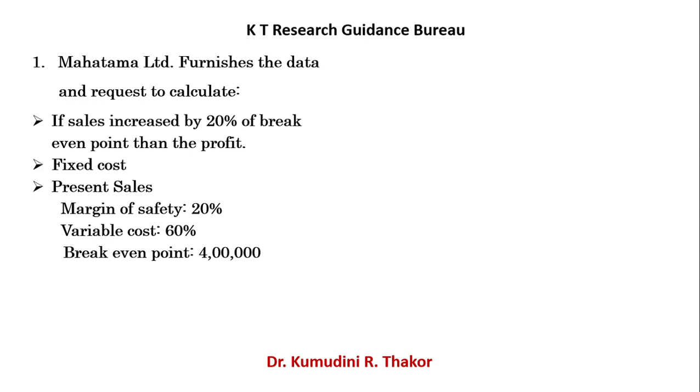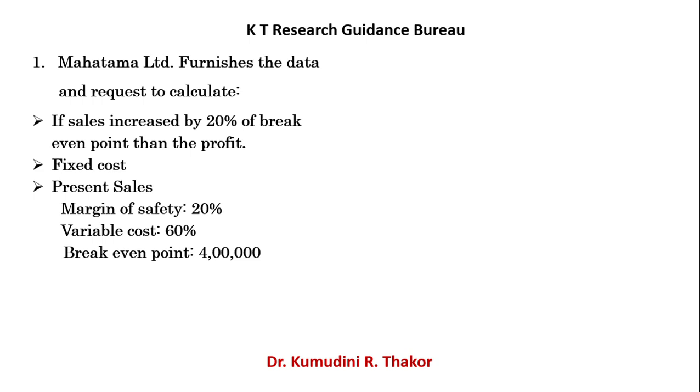First is margin of safety 20%. When I explained the theory, at that time I cleared the concept of margin of safety. Let's rebrush it. Margin of safety means total sales minus break-even. It is 20%.